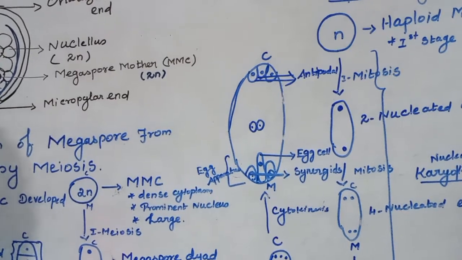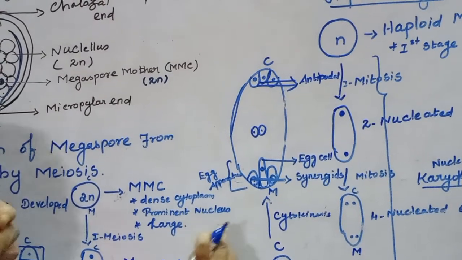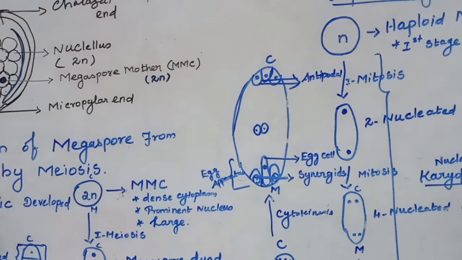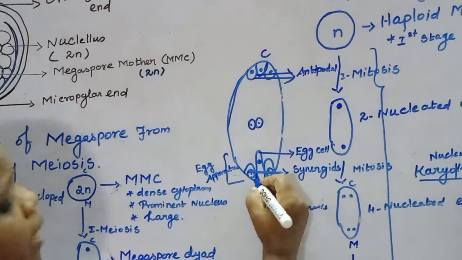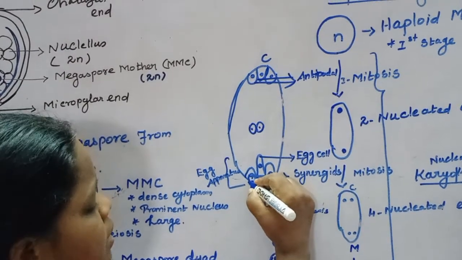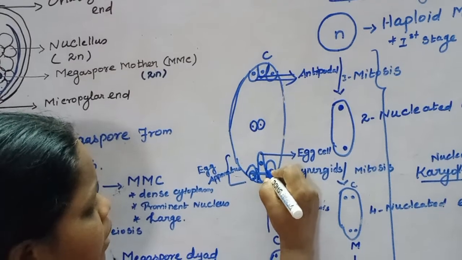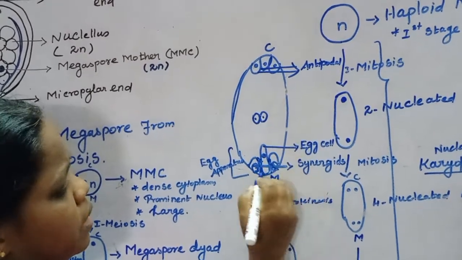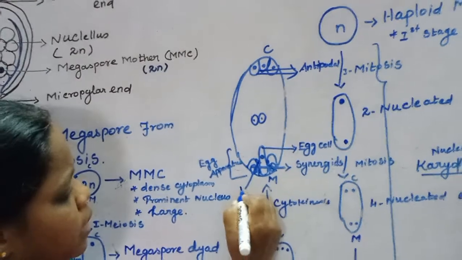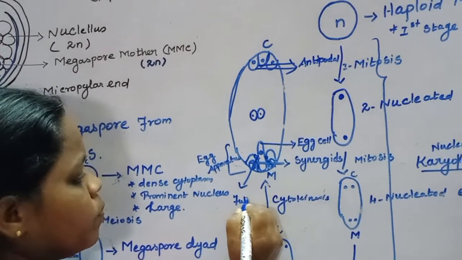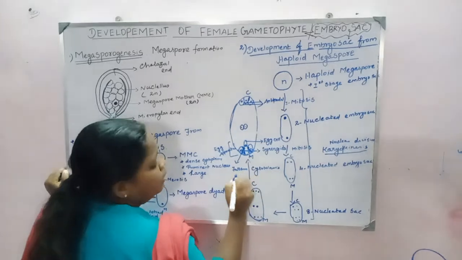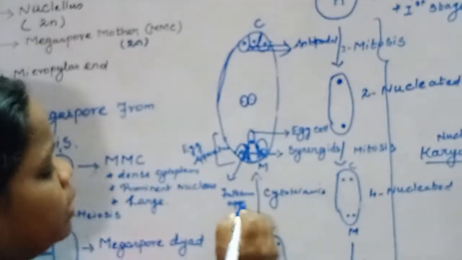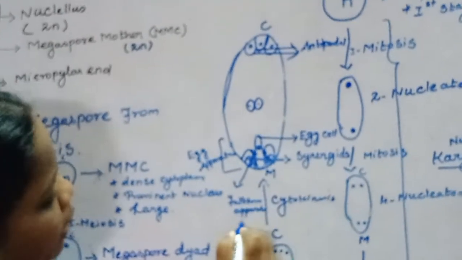Then, in the synergid, there is a filiform apparatus present. There is a cellular thickness present, that is called the filiform apparatus. What is the function of this filiform apparatus?